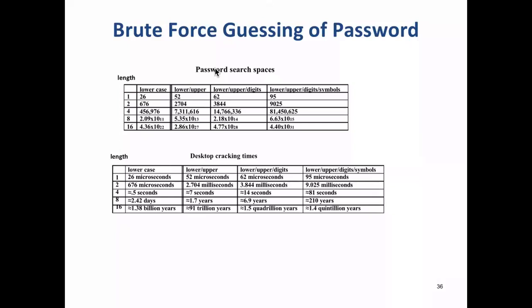For example, a password of length 8 which uses only lowercase, using a simple brute force method, will take 2.42 days. If using all combinations of lower, upper, digit, etc., then it will take 210 years.